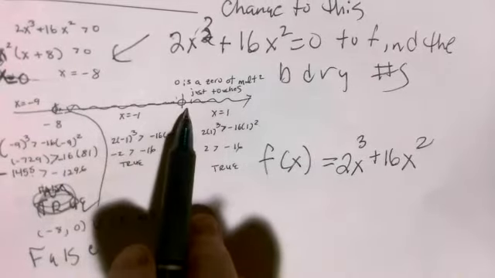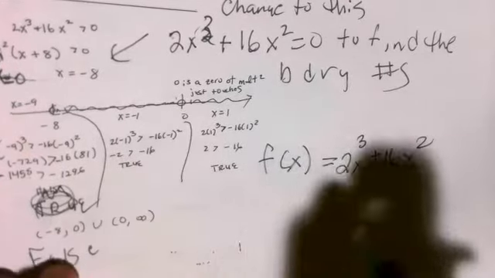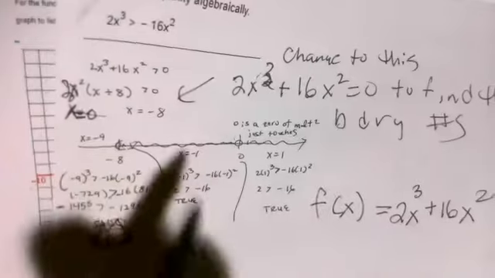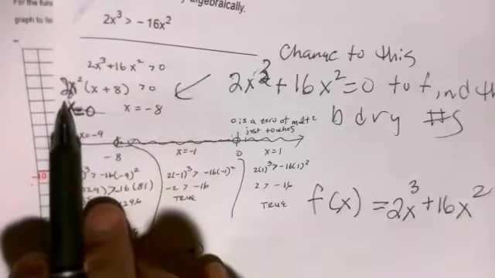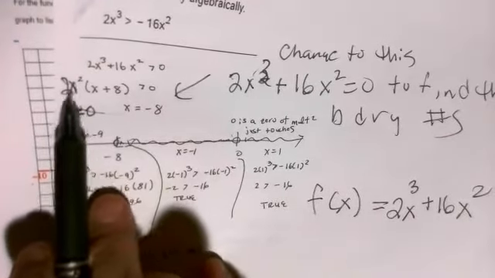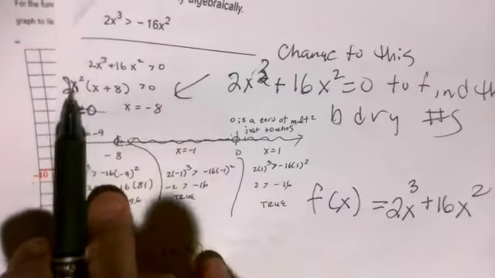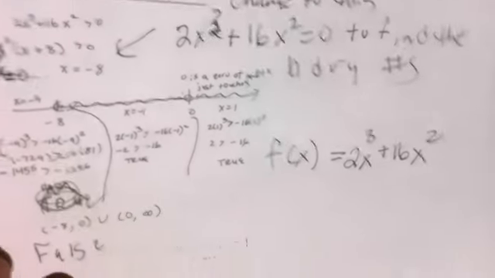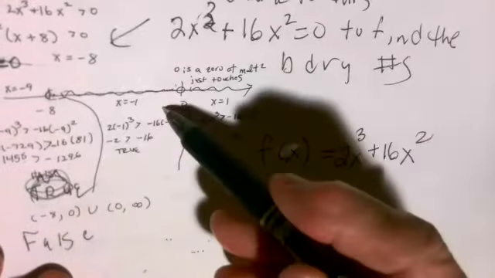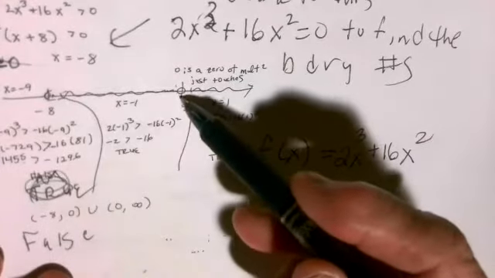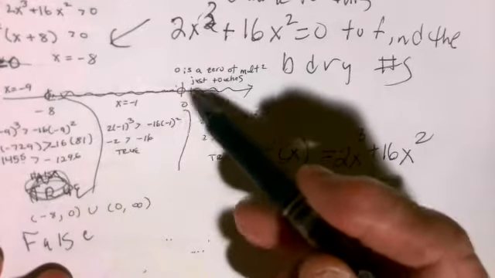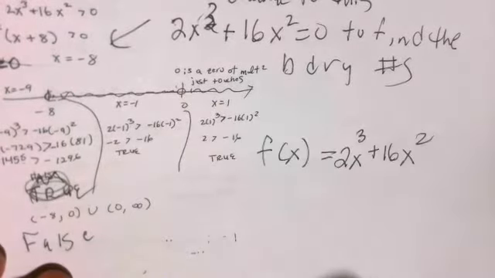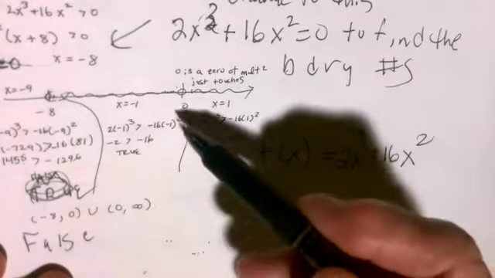The reason it does that is because if you look at this in factored form, like we've got it up here, and we factored out a 2x squared, this is where we get the x equals 0, and it has a multiplicity of 2. So the graph doesn't cross the number line at x equals 0. It touches and turns around.